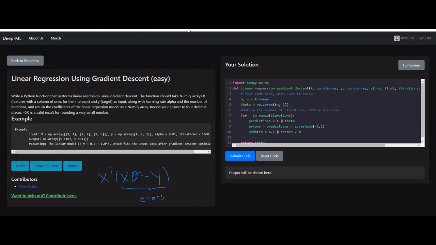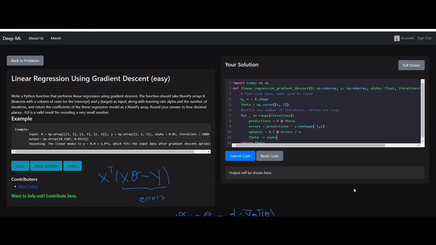Afterwards, we have to plug this into our expression for gradient descent, which is theta equals theta minus alpha times this gradient, which is what we called the updates here. In this case, for theta, we're going to do minus equal, in order to avoid writing theta equals theta again, because we already know that we're just going to subtract this thing from that.